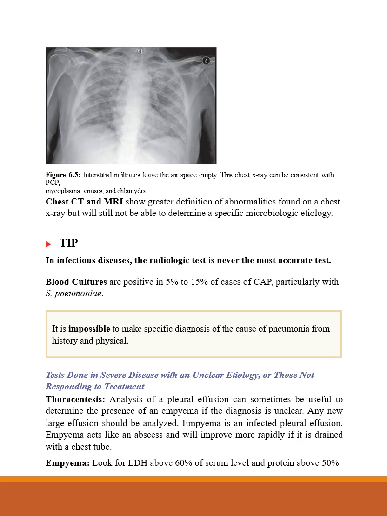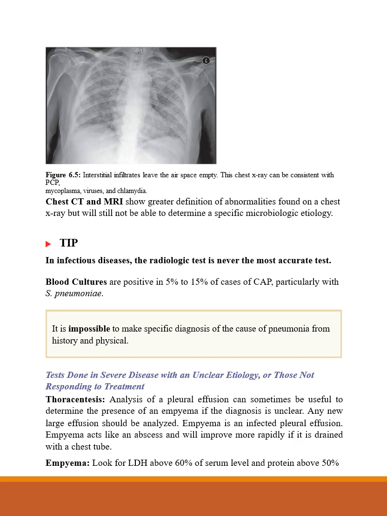Also, we can do a chest CT or an MRI, which shows greater definition of the abnormality found on a chest X-ray, but it will still not be able to determine a specific microbiological etiology. There is another clinical tip here, which states that in infectious diseases, the radiological test is never the most accurate test.